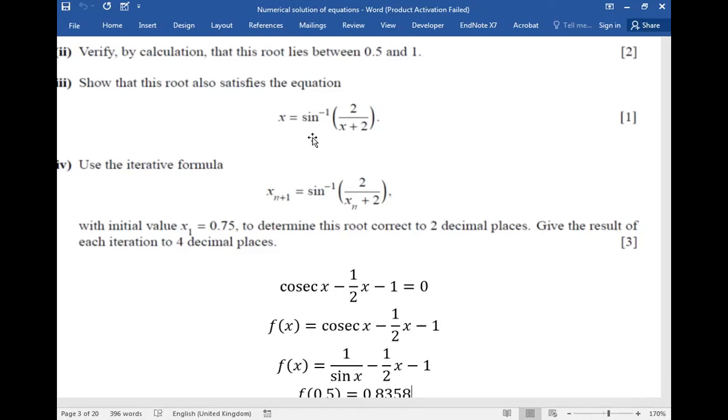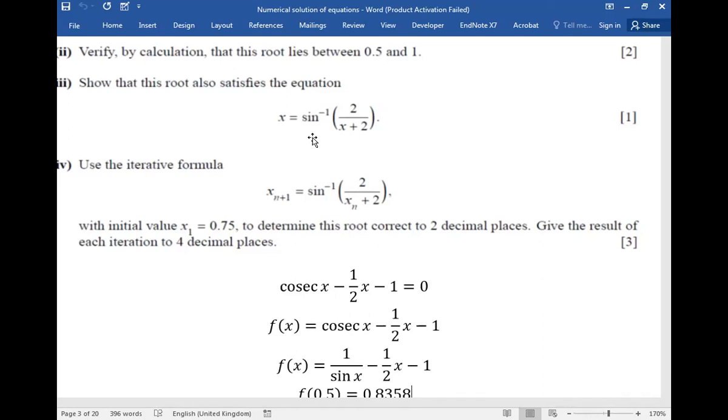Part 3. Is this clear or not? Yes, sir. Clear. Good. What about the rest? Clear, sir. Good. Just take the sine inverse on the other side. Done. Okay.